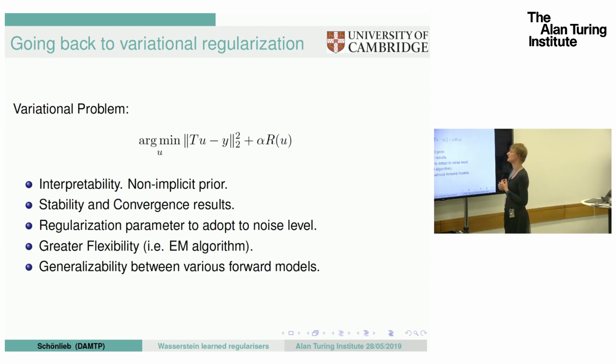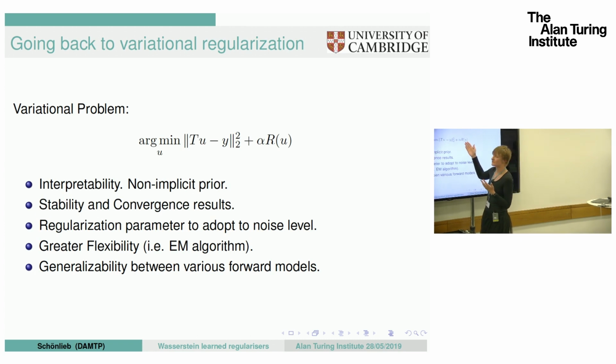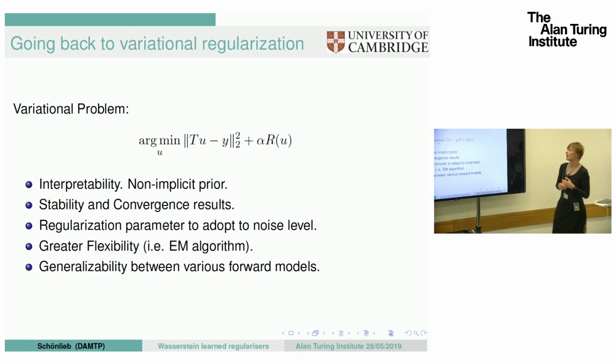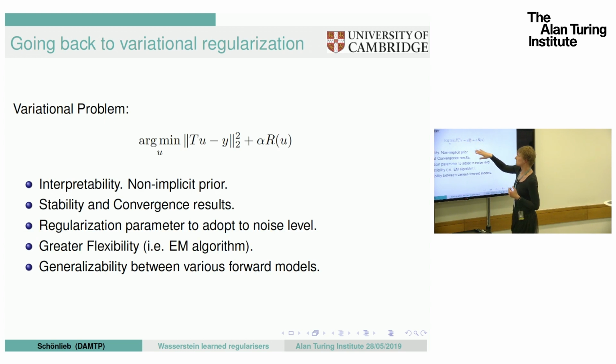And the idea is really the following. Why I, or some people, not just me, like variational problems is because the forward operator gets into the solution in a very explicit way. We can prove things about this, which I will show, I hope, if I have time. So we can prove things about the solutions.